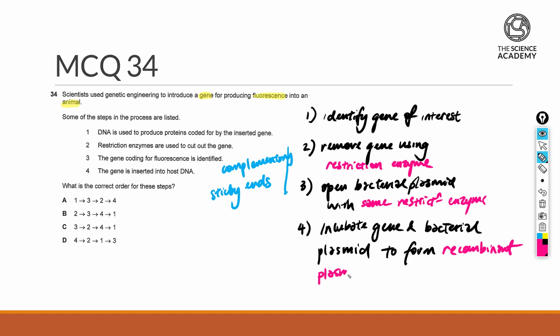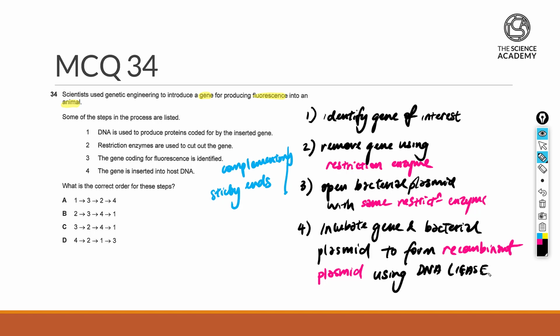And to help facilitate and catalyze this process, we will be using DNA ligase as an enzyme. So this recombinant plasmid that's ready now will carry this foreign gene that is able to code for fluorescence.